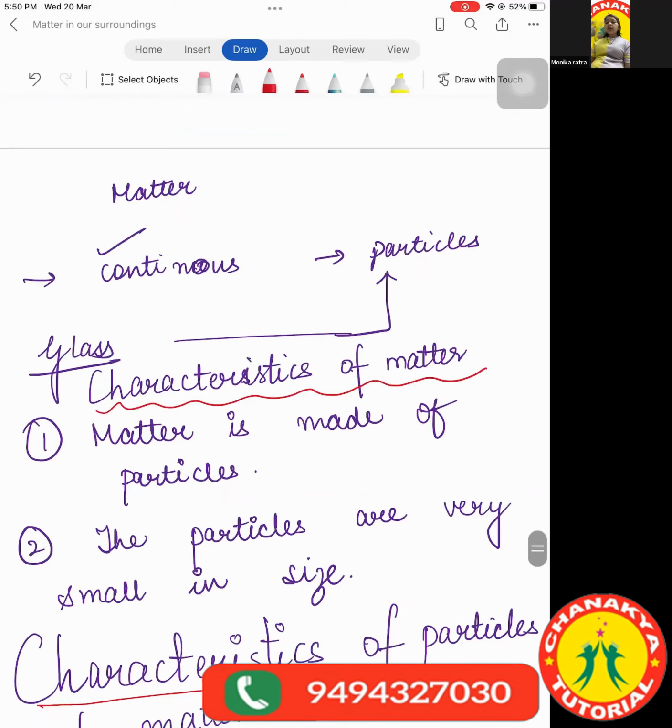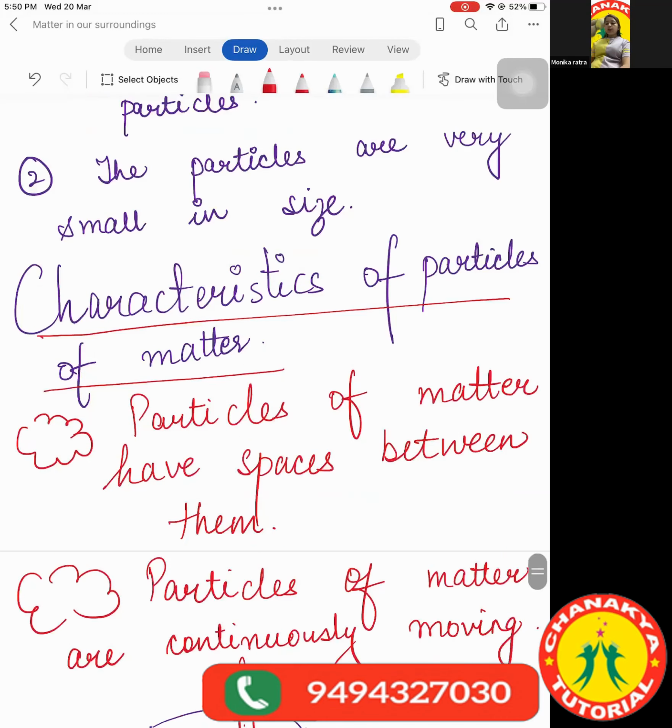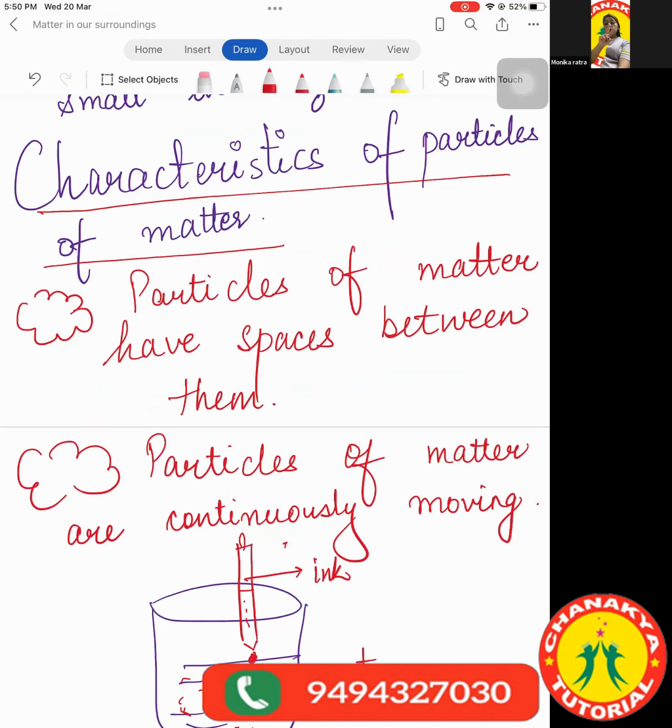Fine. Then we came to the main topic. Those were two characteristics of matter, that matter is made up of particles, and the particles of matter are very small in size. Now these particles which make up the matter have their own characteristics. So we studied three characteristics of particles of matter.